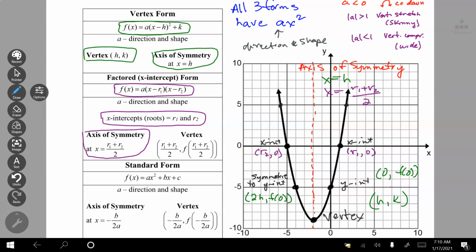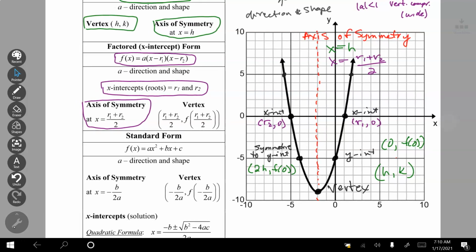And now if I want to find my vertex, I'm going to move this up just a little bit. If I want to find my vertex, I have to take that x value that I just had for the axis of symmetry, r1 plus r2 over 2, and plug that into the f function, f of r1 plus r2 over 2, and that would be the vertex, because the most important point on a parabola is the vertex.